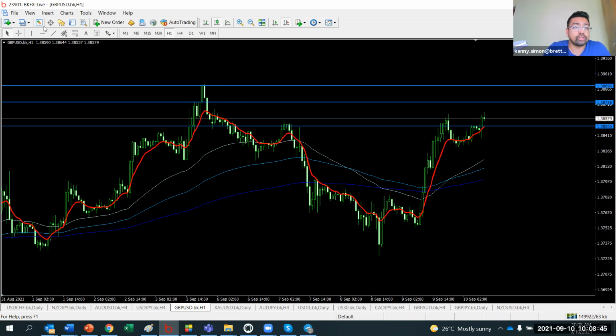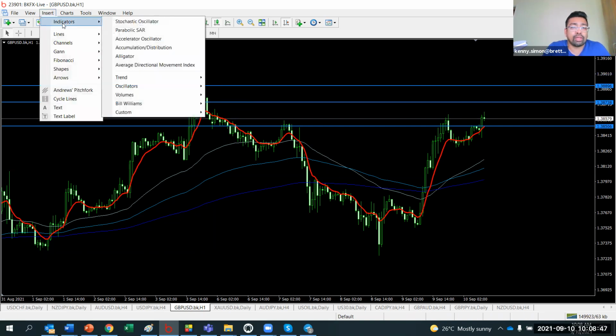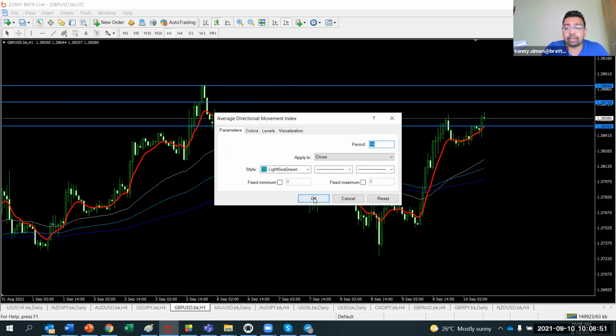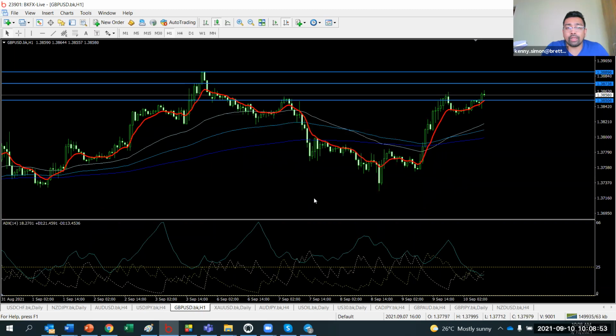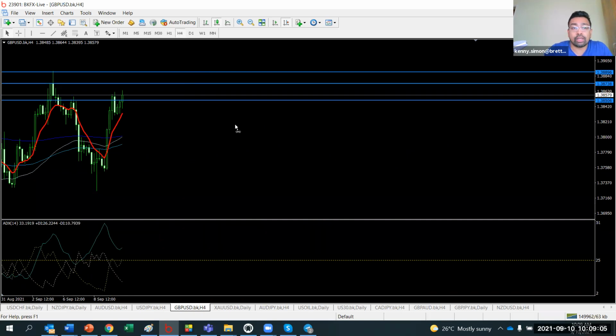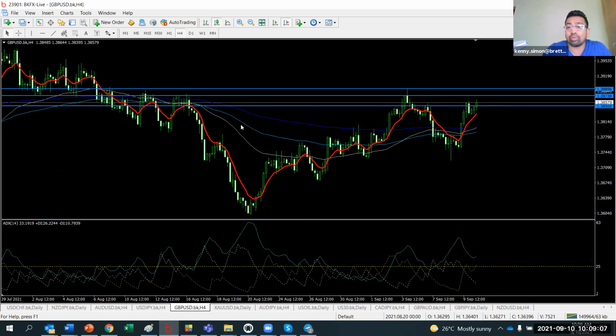What we can do is to measure the strength of the trend based on the average directional movement index. Okay, it's actually not really strong in the GBPUSD 1 hour chart. So that basically means it might want to reverse quite soon, as of now, maybe. And also on the 4 hour chart, we've got some strength.